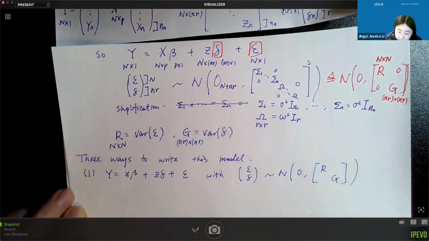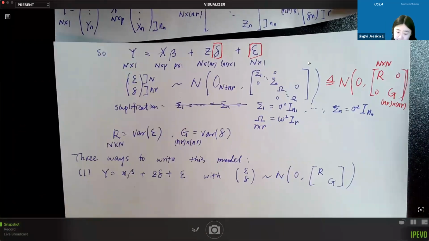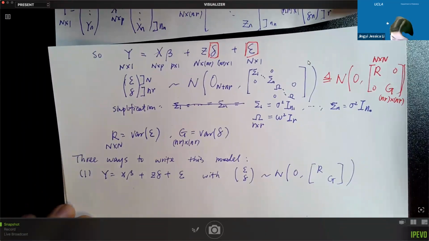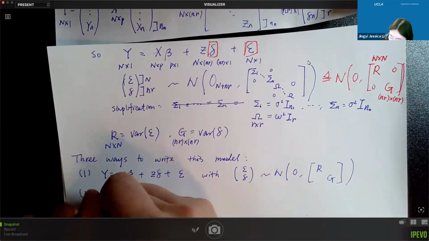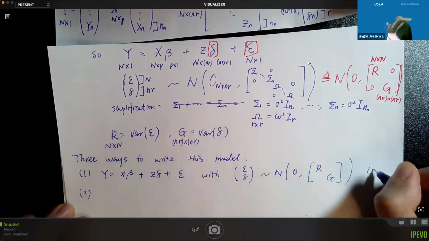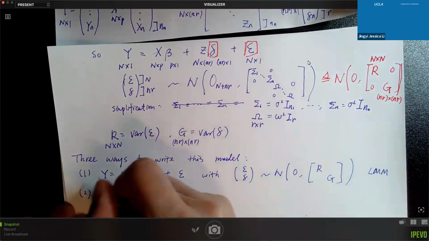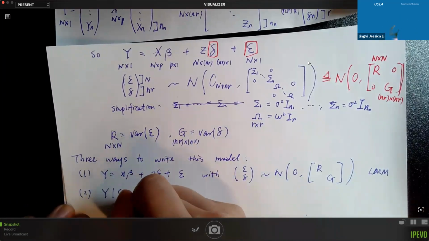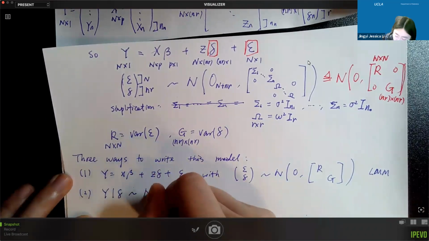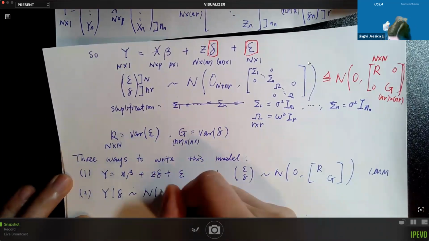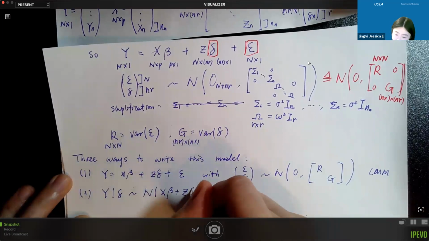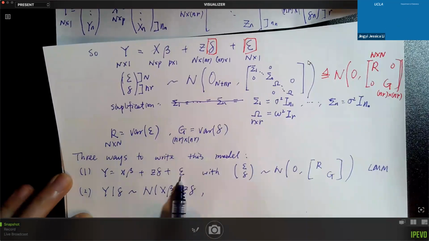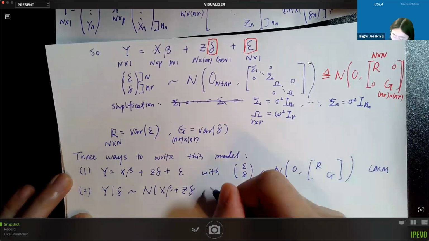That's the first way. The second way is that we can directly write it down as the hierarchical linear model. This is the linear mixed effect model way. The hierarchical linear model way is that we write y given delta following a normal distribution with X beta plus Z delta, and the covariance matrix is only from epsilon, so the covariance matrix is R. That's level 1.